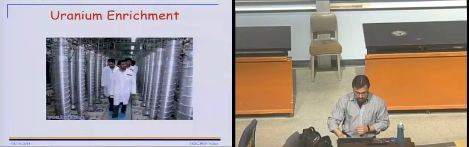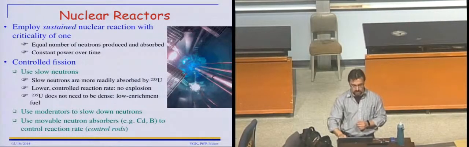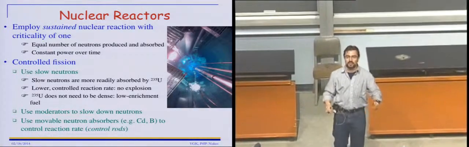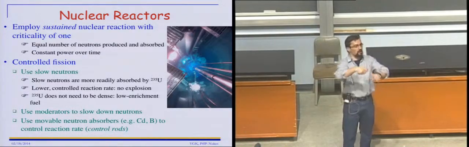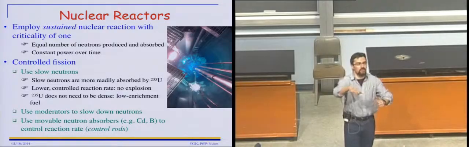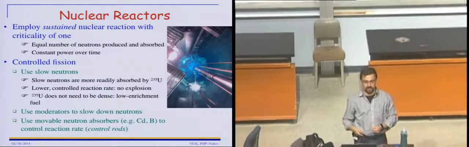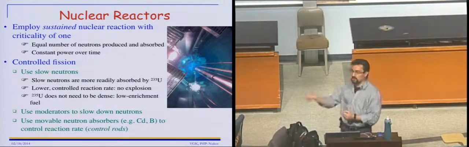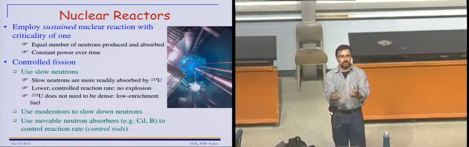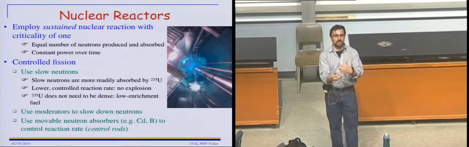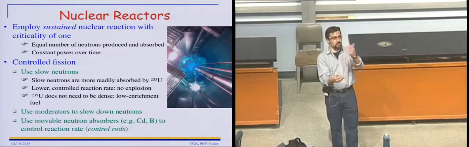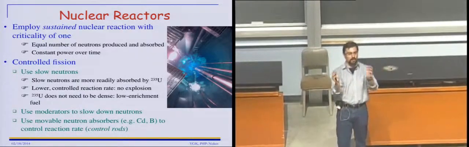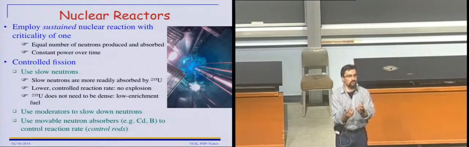As it turns out, the probability of absorbing a neutron is significantly higher if the neutrons are slow. Basically, they don't travel very fast. They rattle around the uranium fuel, and they have a higher probability of being absorbed and stimulating the reaction. So if you take the neutron produced in the nuclear fission and somehow slow it down, the reaction probability increases, and therefore you don't need such a dense core of uranium to sustain the reaction.